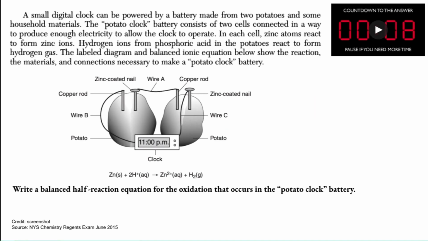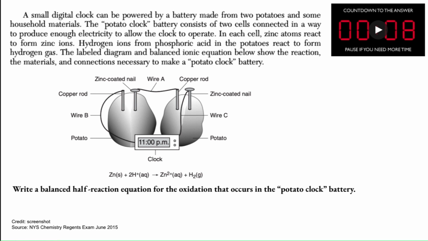One final question. A small digital clock can be powered by a battery made from 2 potatoes and some household materials. The potato clock battery consists of 2 cells connected in a way to produce enough electricity to allow the clock to operate. In each cell, zinc atoms react to form zinc ions. Hydrogen ions from phosphoric acid in the potatoes react to form hydrogen gas.